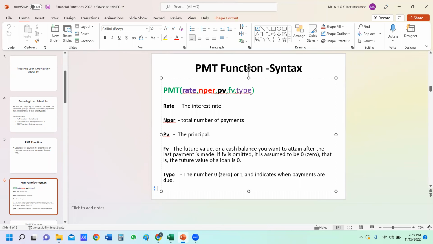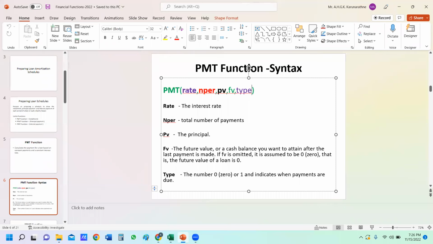If you put zero, it implies the cash flows occur at the end of the period. If you don't put anything under type, it means zero, and then Excel identifies the cash flow as an ordinary cash flow. Ordinary cash flows are usually expected to occur at the end of each period.